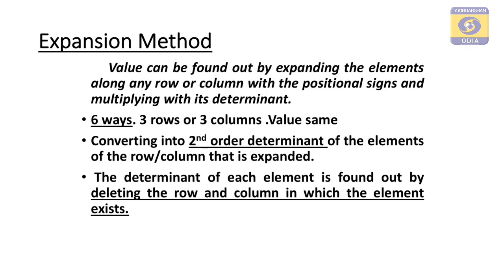Here we must remember, we must convert it to a second order determinant of the elements that we take along the row that we are expanding. For example, if we are expanding the first row, when we take the first element of the first row, we must take the positional sign of the element and also the second order determinant that we find by deleting the row and column in which the element lies, right.